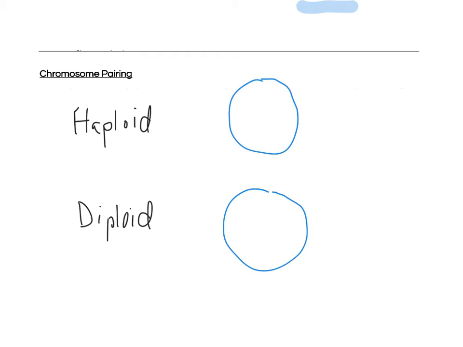So for instance, if my organism only had 1 chromosome, I'm going to show it as double-stranded, then my diploid would have 2, basically 2 sets of chromosomes. Now, I want to remind you that haploid cells in humans or in other organisms are typically our gametes, or our sex cells, reproductive cells.